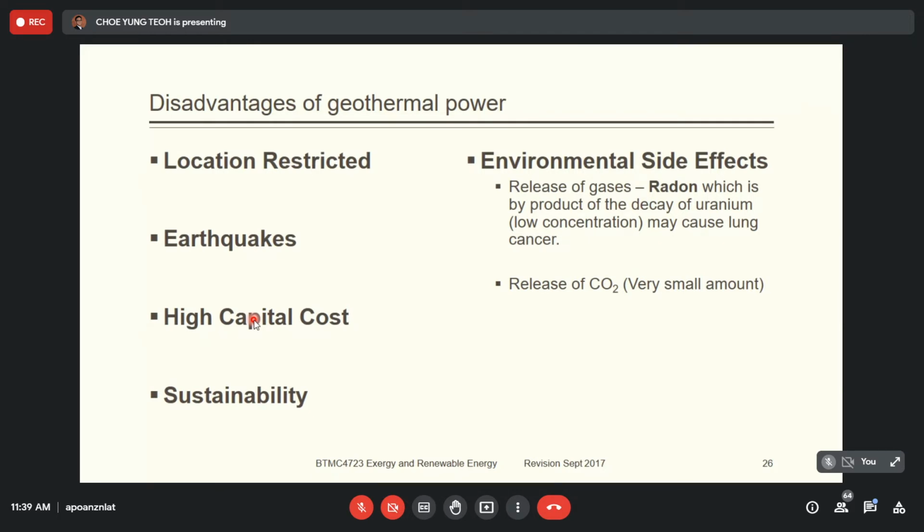Okay, the next one is the earthquake. When you run geothermal energy, it runs the risk of triggering earthquakes. This is because when you drill a hole, you actually alter the earth surface. This problem is more prevalent with enhanced geothermal power plants, which force water into the earth crust to open up fissures to gain access to the resources.